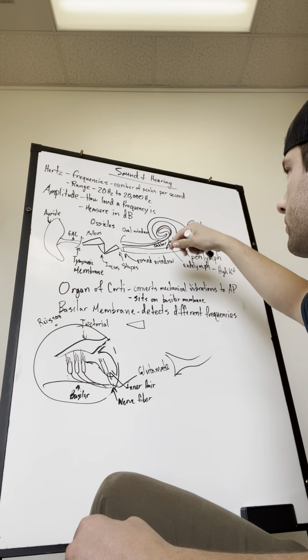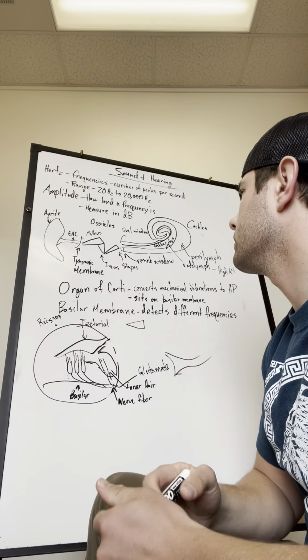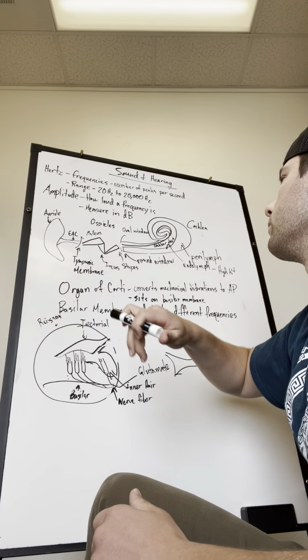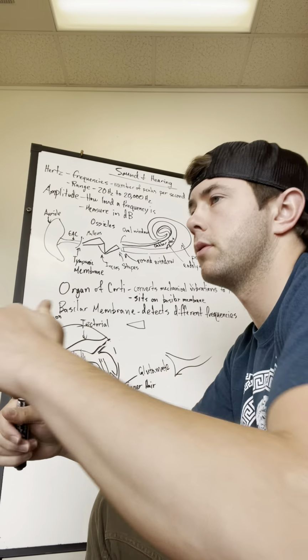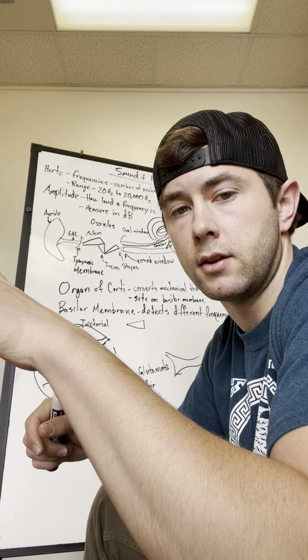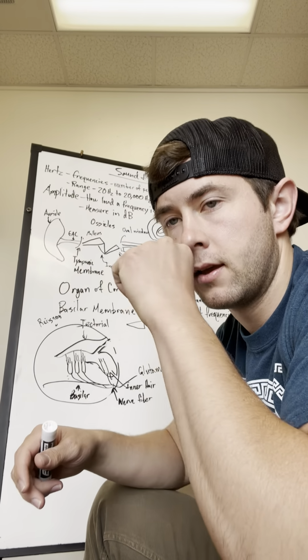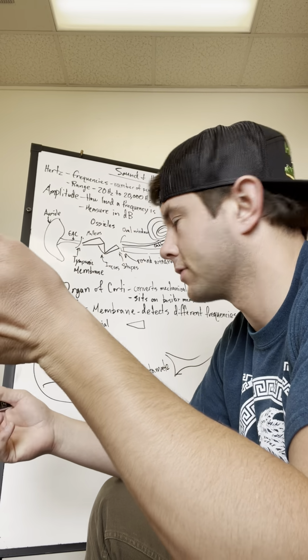So there are several different chambers within the cochlea, and what you need to know is once you vibrate the oval window, you're pushing and pulling on the perilymph in the cochlea, right?